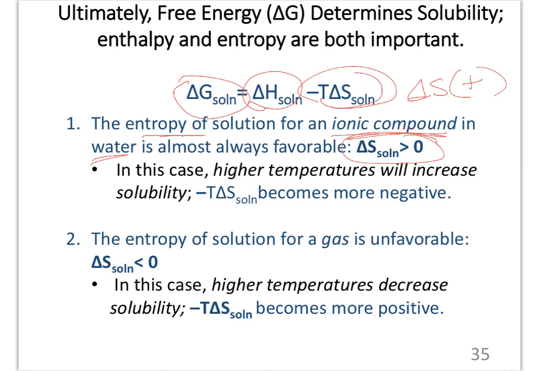When entropy is favorable, you want to maximize the favorableness, and so you want high temperatures to help something become more soluble. On the other hand, the entropy change for a gas in water is unfavorable, which means the change in entropy will be negative. So this whole term, T delta S, is unfavorable. You want to minimize it, so you want a low temperature to help the solubility of gases in water.